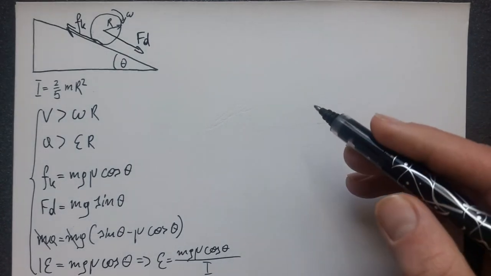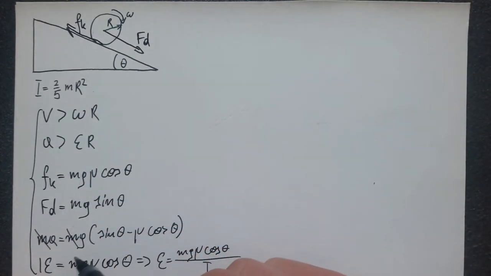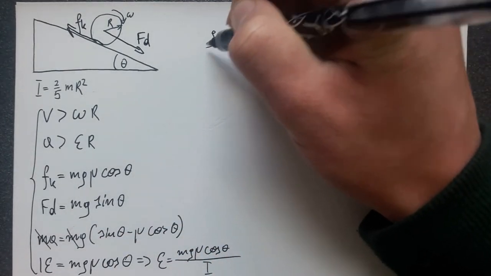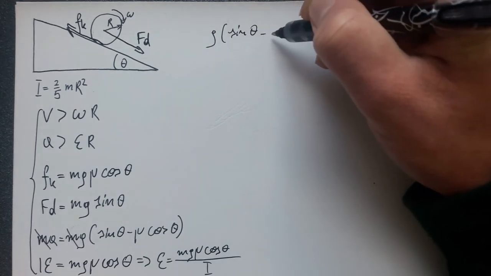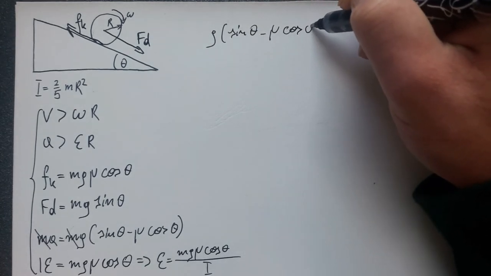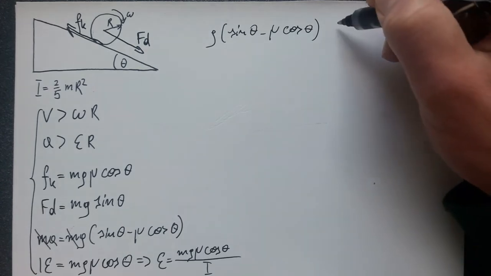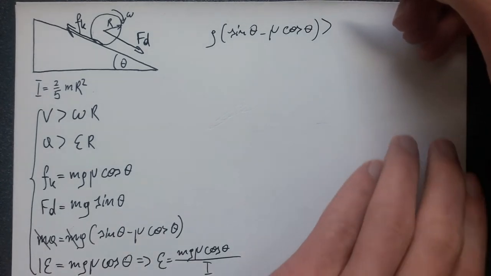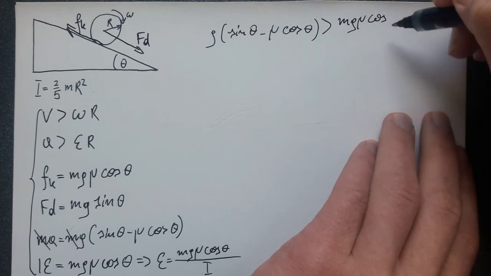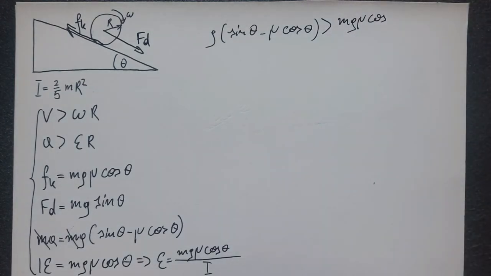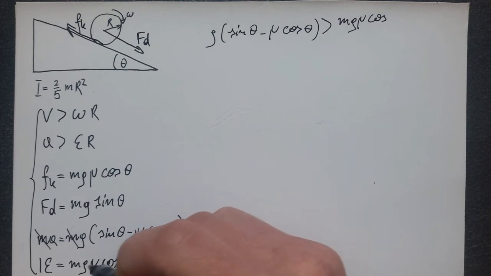So now I will write this. We have that g sine of theta minus mu cosine of theta is greater than mg mu cosine, oh sorry, here should be, of course, r.